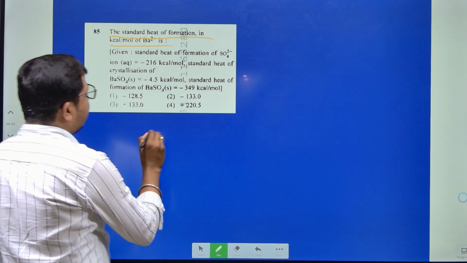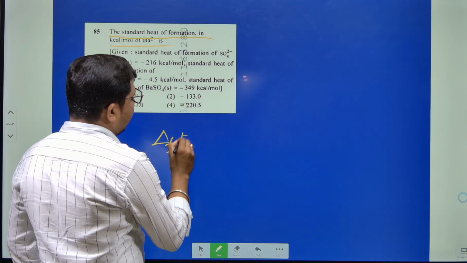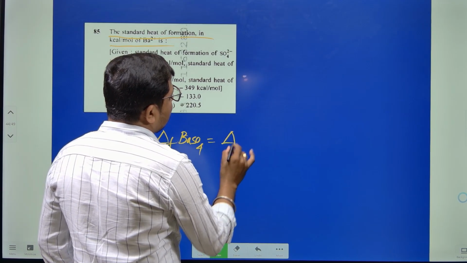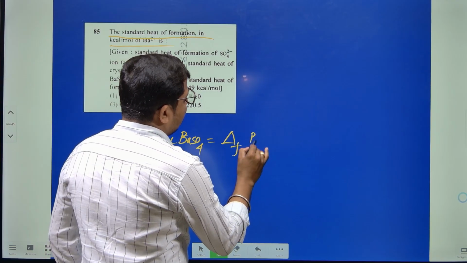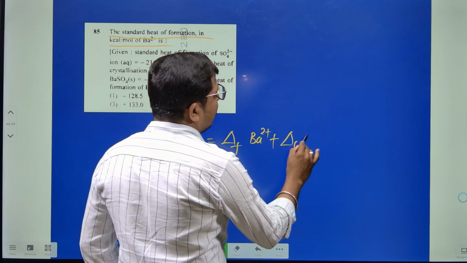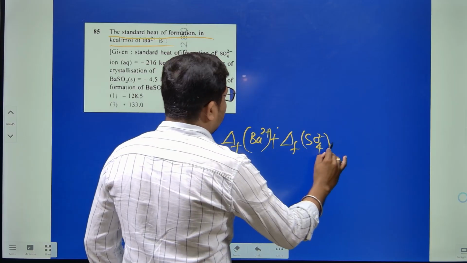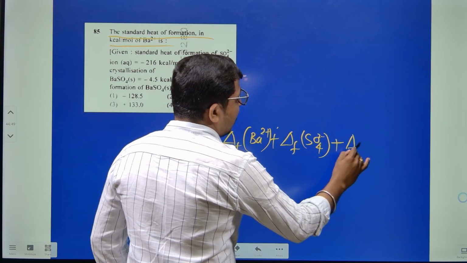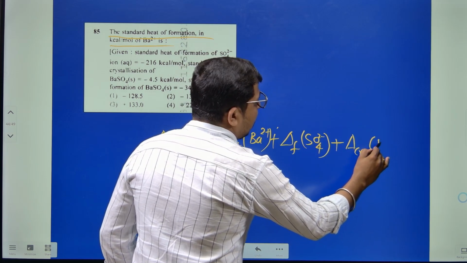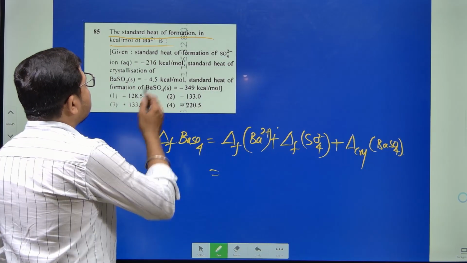So we have the enthalpy of formation of BaSO4 is equal to the enthalpy of formation of Ba2+ plus the enthalpy of formation of SO4 2- plus the enthalpy of crystallization of BaSO4. Let's substitute the values they have given here.